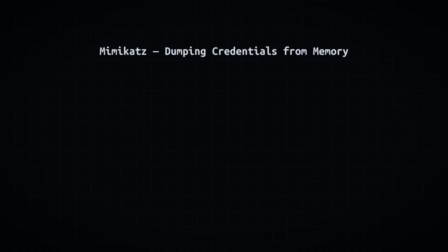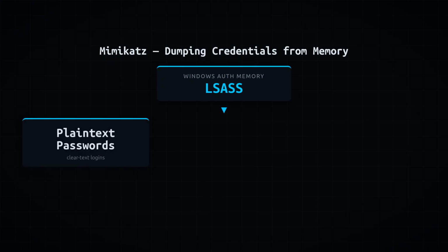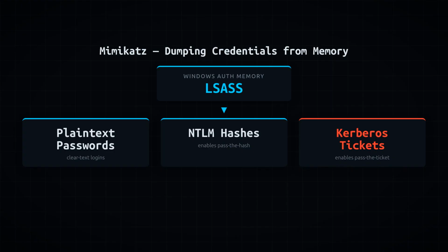Mimikatz is one of the most consequential tools in the offensive security arsenal. Written by Benjamin Delpy and first released in 2011, it extracts credentials from Windows memory, specifically from the LSASS process, which manages authentication and stores credentials in memory for single sign-on purposes. Mimikatz can extract plain text passwords, NTLM hashes, and Kerberos tickets from memory.